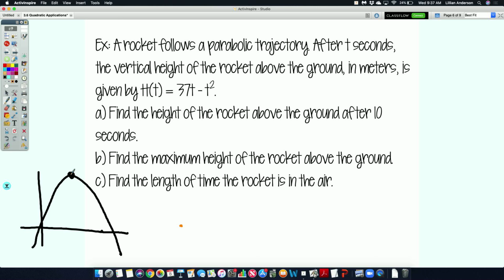So when it says find the height of the rocket above the ground after 10 seconds, it's basically saying, okay, on my time axis, at 10 seconds, what is the height of that rocket? How do I find that? Plug it into the equation. Plug what? 10 into t. So I am looking for basically h of 10, the height when t is 10.